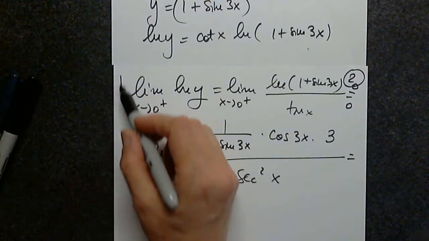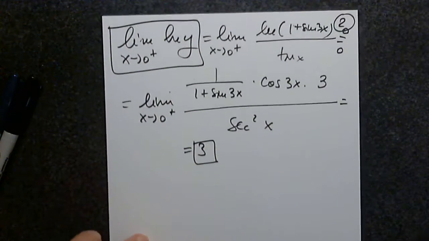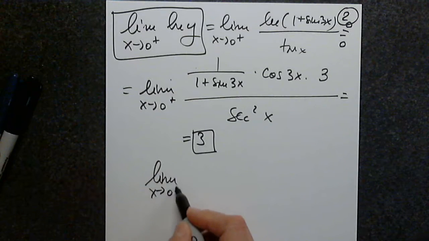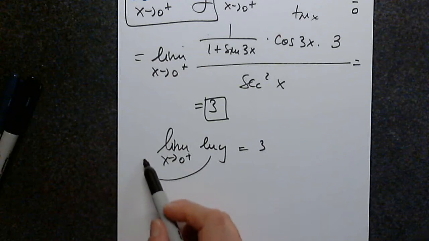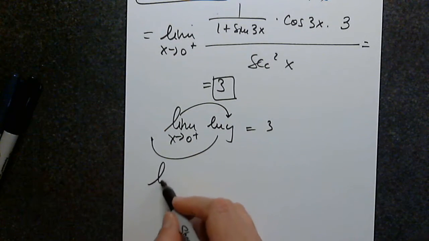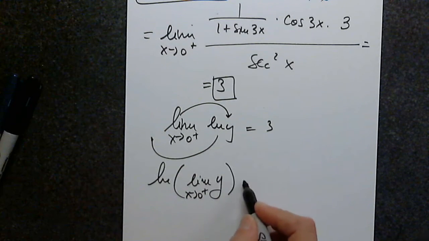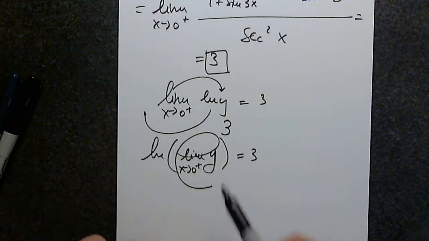Now, remember, you have to copy the beginning and you have to copy the end. So when I copy the beginning and I copy the end, now, because everything is continuous, I'm allowed to swap the operators. So the limit of natural log y as x approaches 0 from the right is 3. And obviously this cannot be anything else but e to the third.